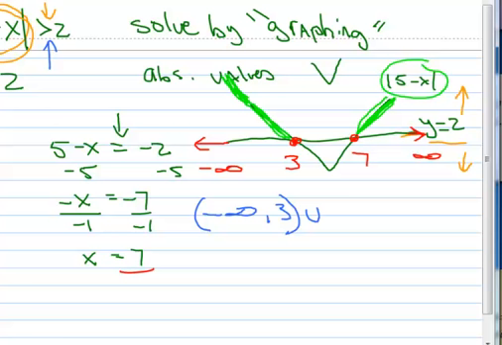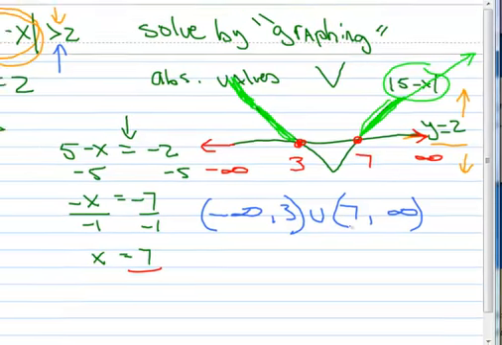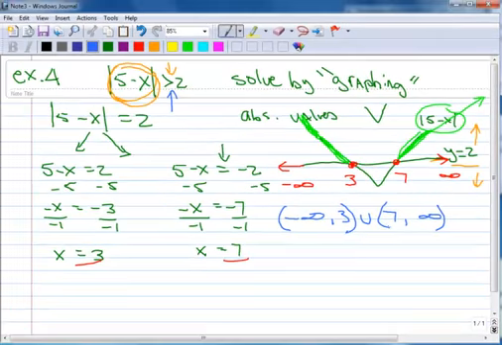The right-hand side would continue way, way up here, so it would go from 7 all the way up to infinity. Parenthesis around the infinity, parenthesis around the 7. That should be the same solution we got for example 1, but we did it graphically, and so you can do this as a check.